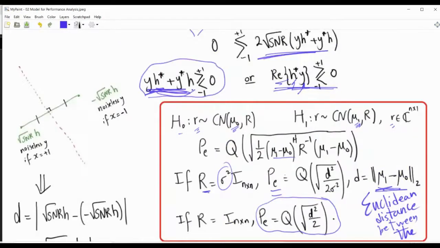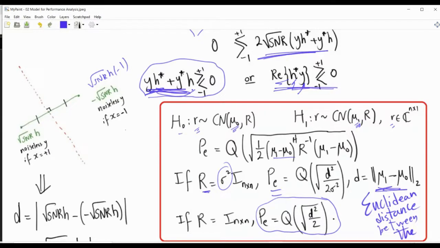And so here, what are our two noiseless alternatives? One alternative is square root SNR times H times plus 1. So that's when X is plus 1. And then the other possibility is minus square root SNR H times, so I can write it as square root SNR H times minus 1. This is when X is minus 1.